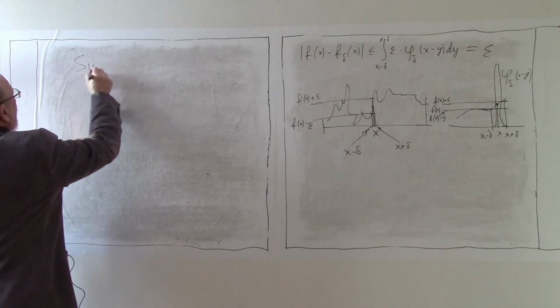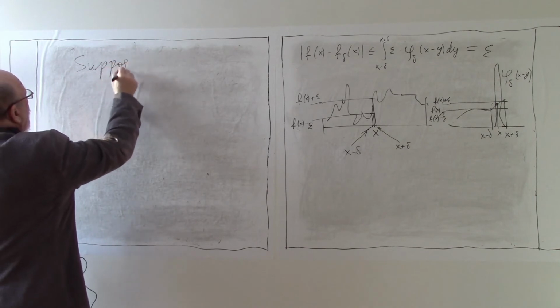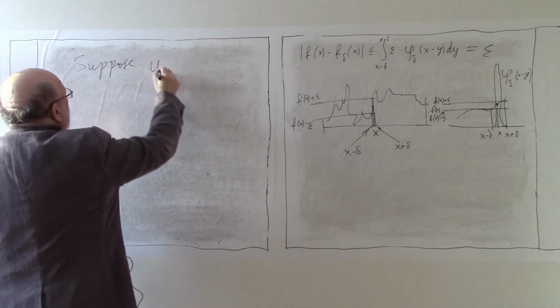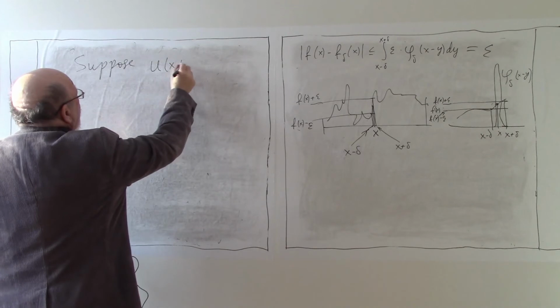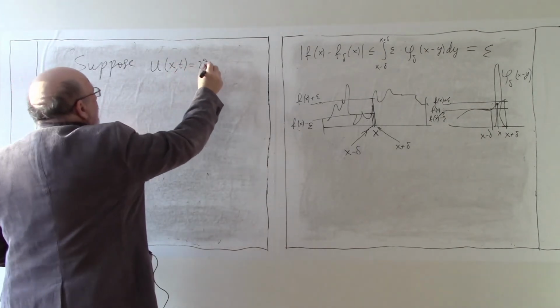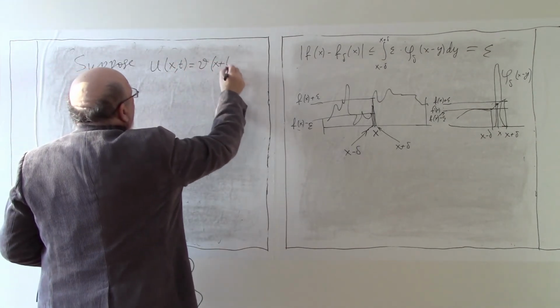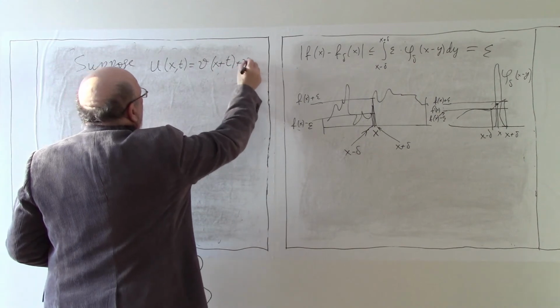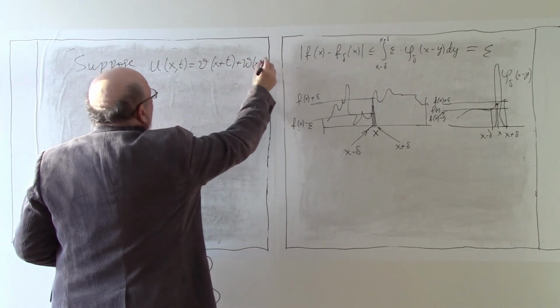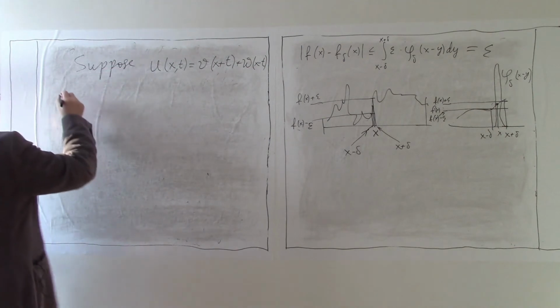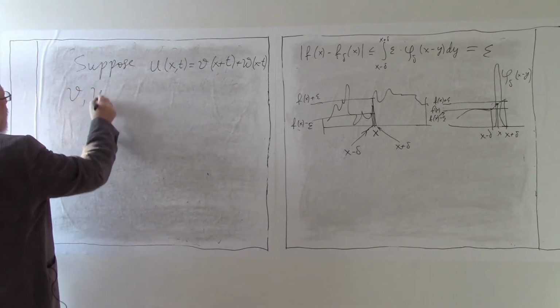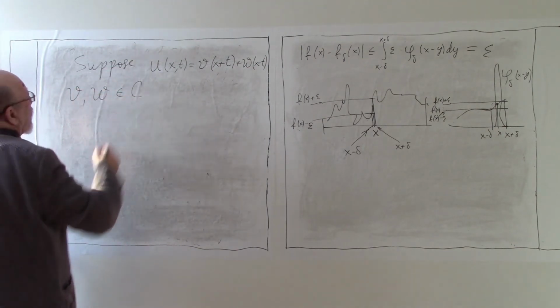Suppose u(x,t) equals v(x plus t) plus w(x minus t), where v and w are merely continuous functions.